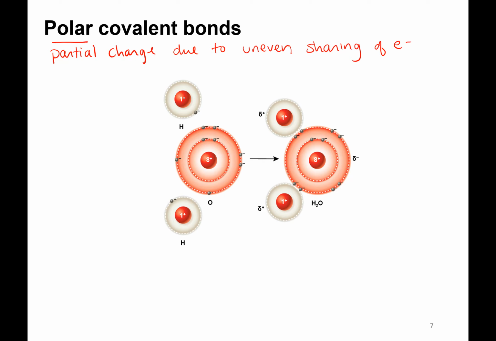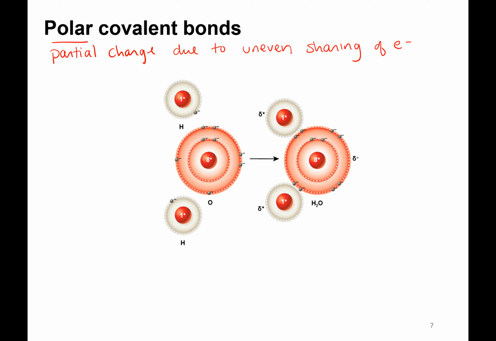Okay. So when you have electrons that have what we call different electronegativity, I will show you a chart in just a second. When you have different electronegativity, sometimes an atom holds on to the electrons a little bit tighter.